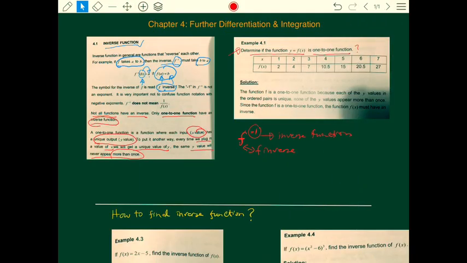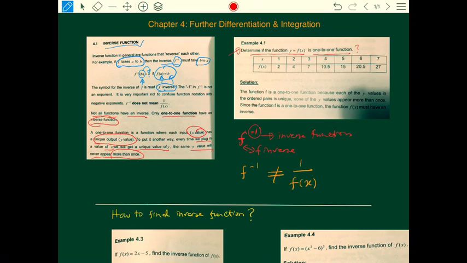I just would like to add another point, which I forgot to state just now. F inverse does not mean 1 over fx. I hope that one is clear. F inverse is not the same as 1 over fx.